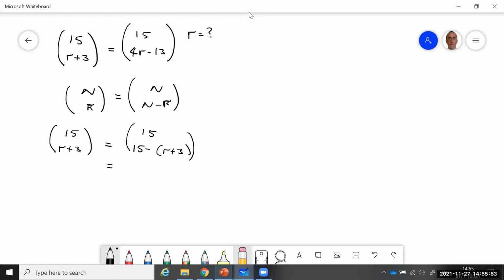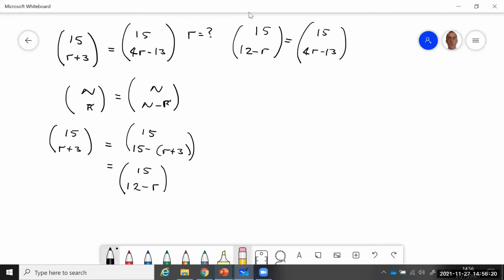And that is equal to 15 choose 12 minus r. So therefore we can rewrite the very first line as 15 choose 12 minus r equals 15 choose 4r minus 13.